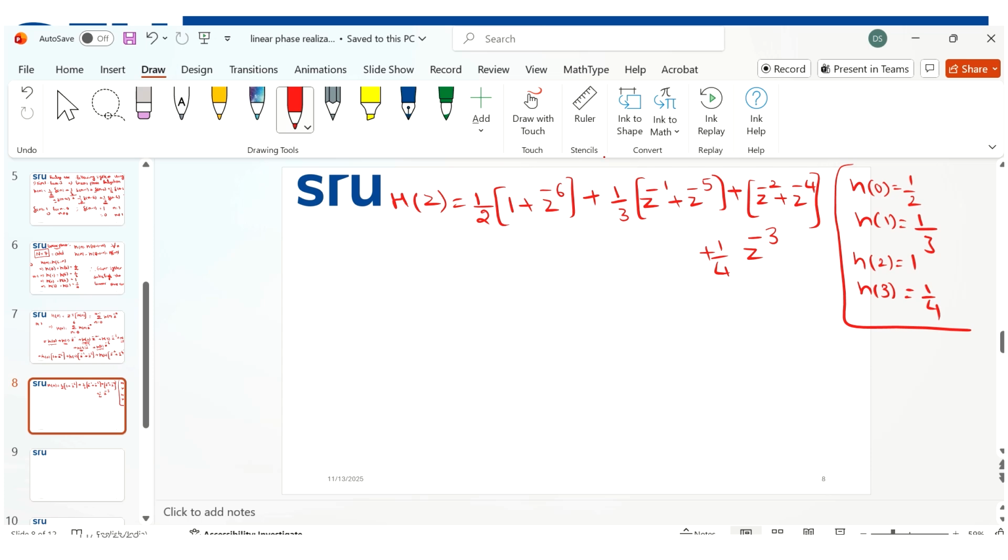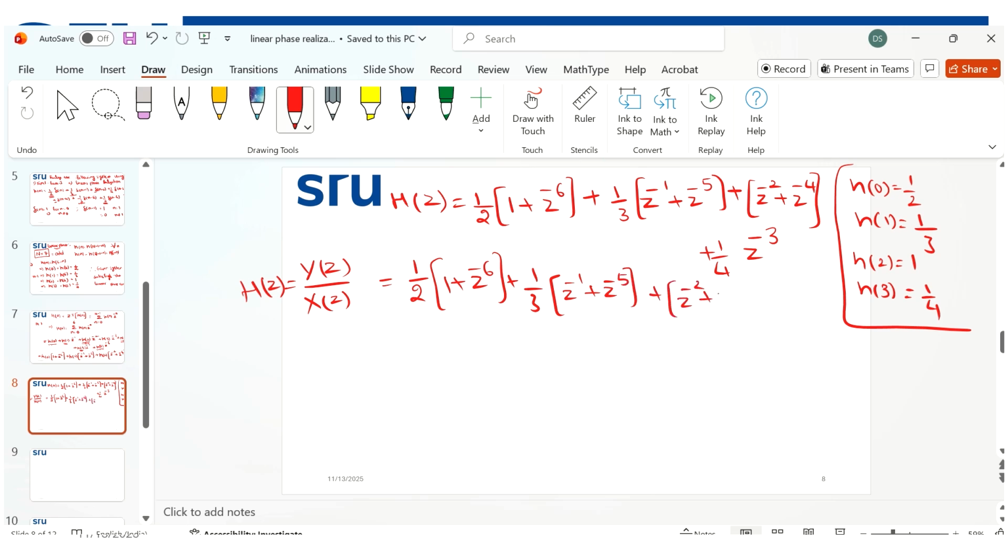Now we know that the transfer function h of z is equal to y of z by x of z. Now substitute the same in this formula. So 1 by 2, 1 plus z power minus 6, plus 1 by 3 z power minus 1 plus z power minus 5, plus z power minus 2 plus z power minus 4, plus 1 by 4 into z power minus 3. Now cross multiply this x of z to the right hand side.